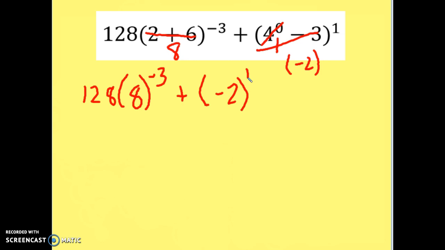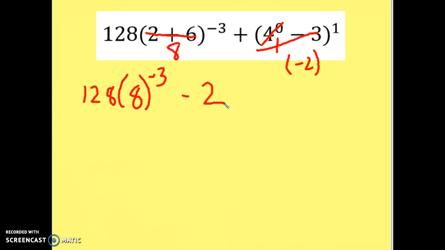Well, anything to the 1st power is still itself. So we don't even need that to the 1st power. We can just call that -2. And we don't need parentheses anymore because it's just a -2. So we have plus -2, which we also know is the same thing as just -2.